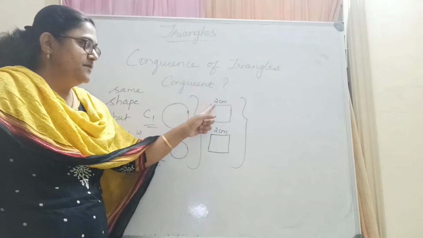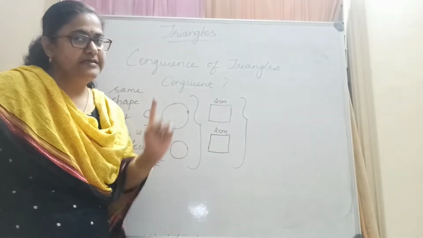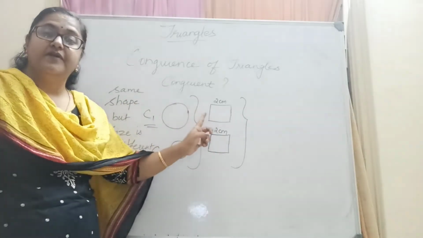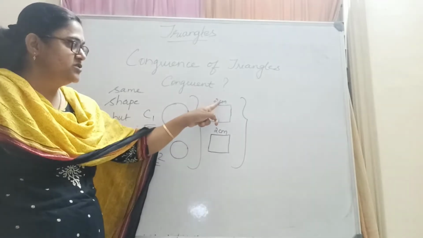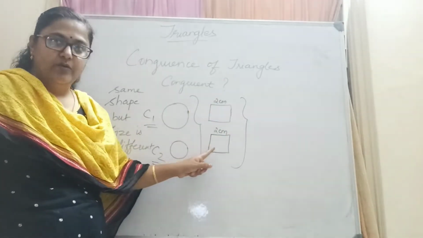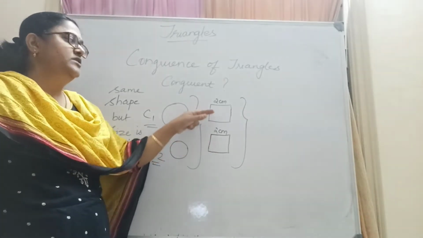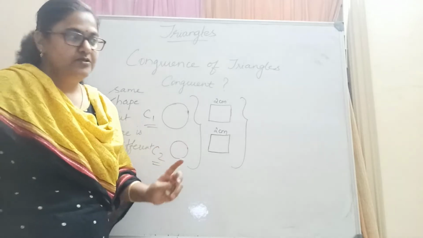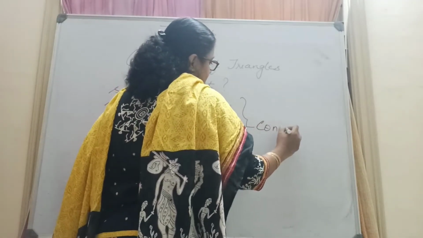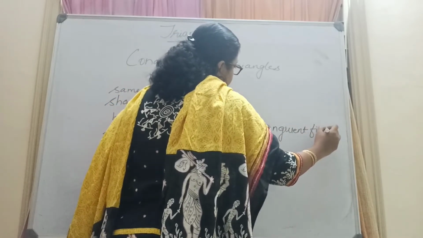All four sides of a square are equal. So if this is 2 centimeter, all the other three sides are 2 centimeter. Similarly here also. So both are squares of the same shape and the same size. So these two are called congruent figures or congruent squares.